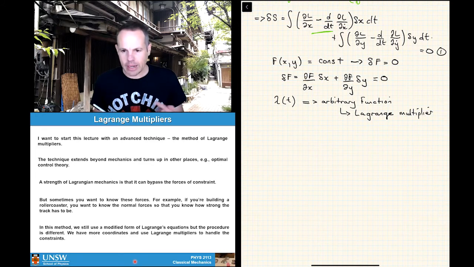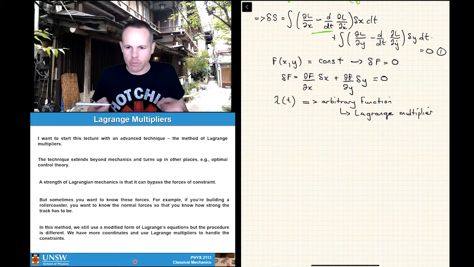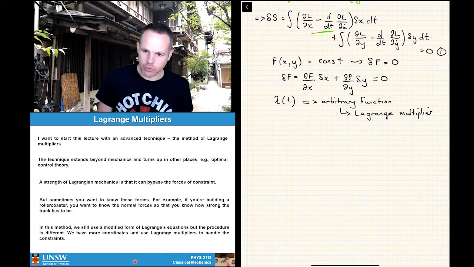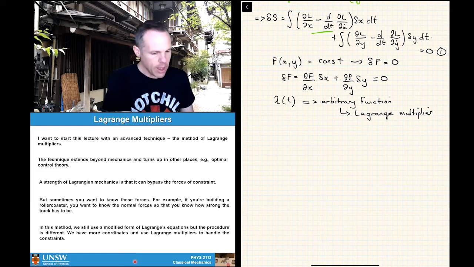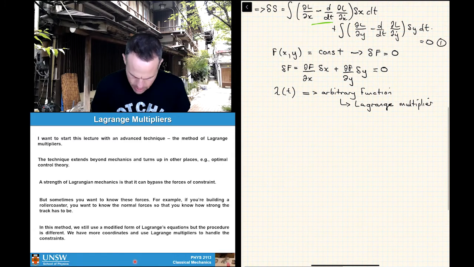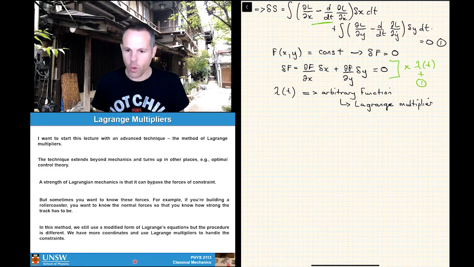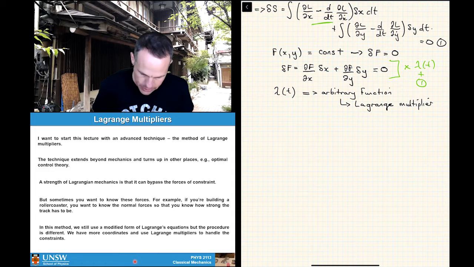It's really just that we're multiplying something by something, so that's where the multiplier comes from, and Lagrange just from the origin of the system of equations we're dealing with. So what we can do is take this equation here, multiply it by lambda of t, and then add it into equation 1. We're really just adding 0 to something, so it shouldn't change.